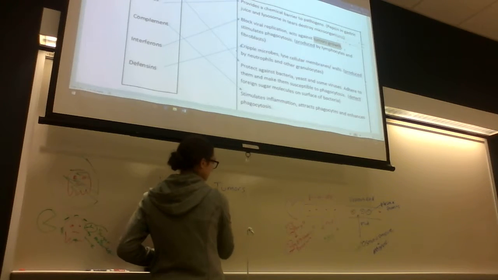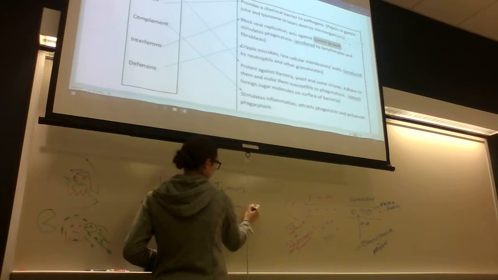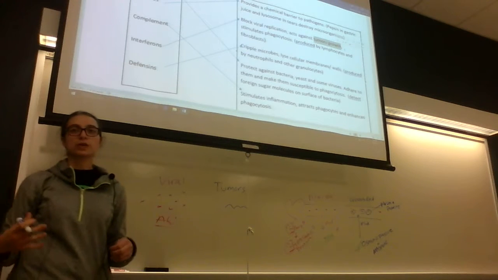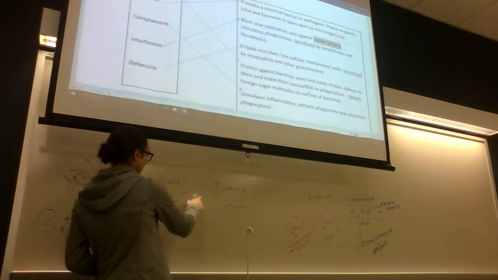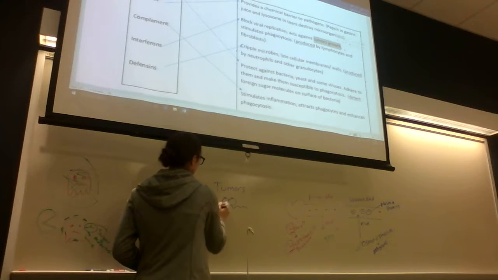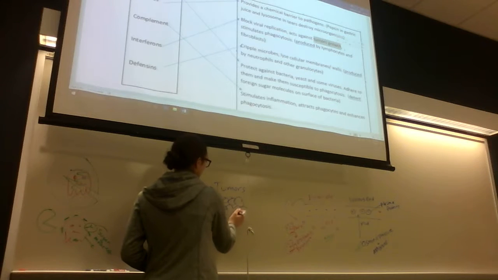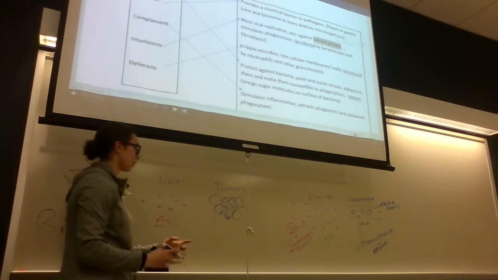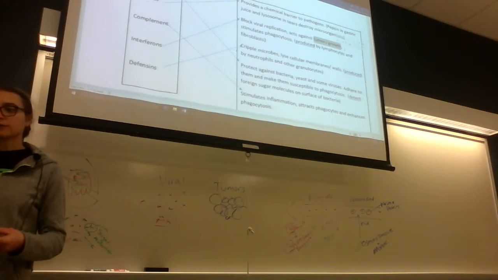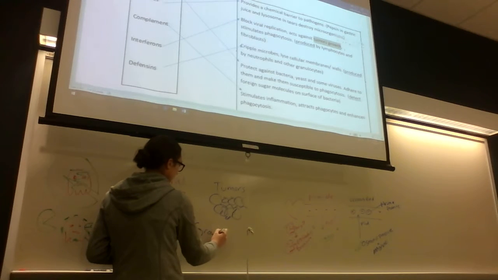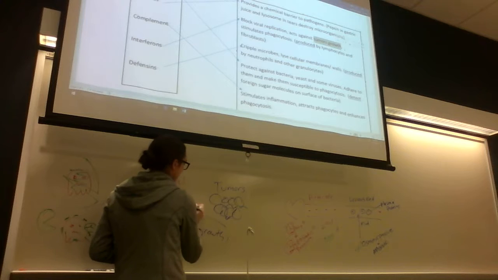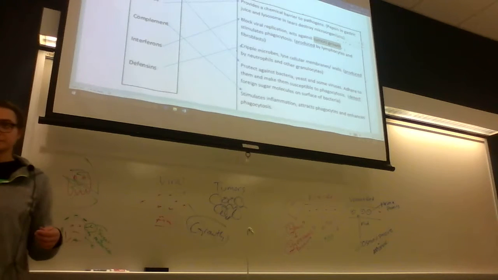This is your normal cell, but a tumor growth is multiple cells. Just like the virus enhancing its troops, tumors grow and don't stop growing, and they're just a big mess. So interferon interferes with growth. Interferons stop growth from happening.